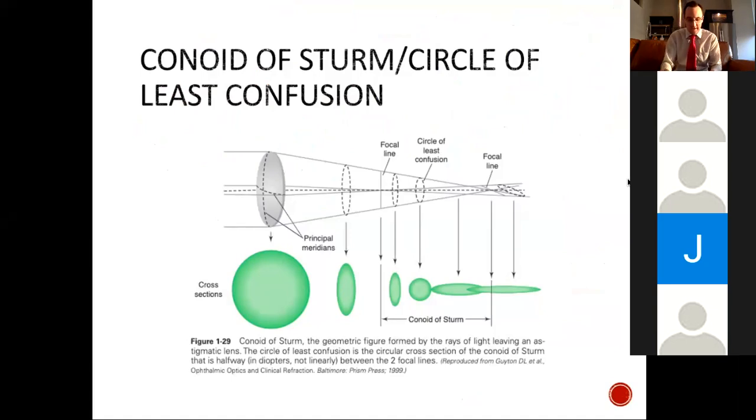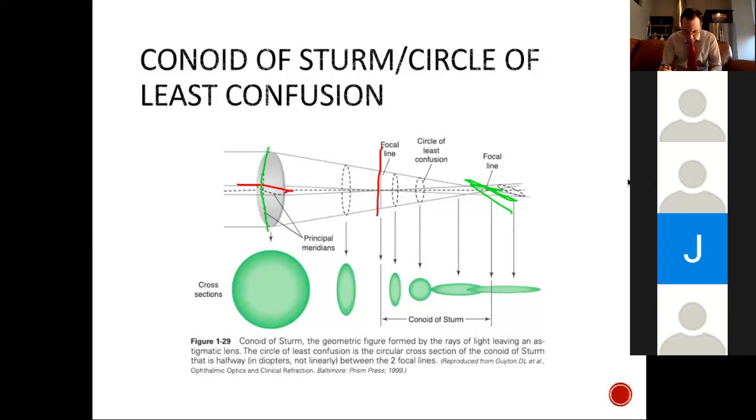I think this is a very testable area within the chapter, because we want to remember that in the case of the horizontal meridian of an astigmatism lens, it's actually going to form a vertical image or vertical foci line, right? In contrast, when we have the vertical meridian of the astigmatism lens, it's going to form a horizontal image. So they could ask you the relationship between the two.